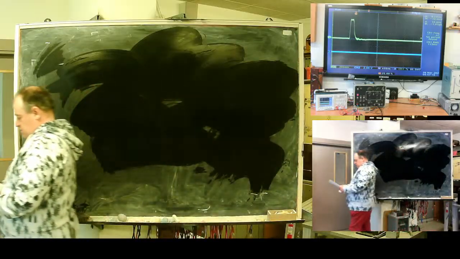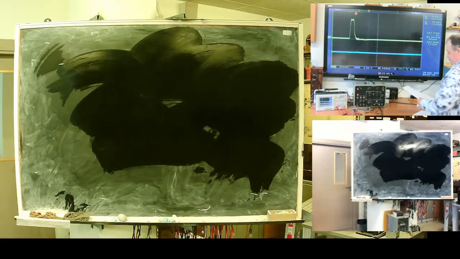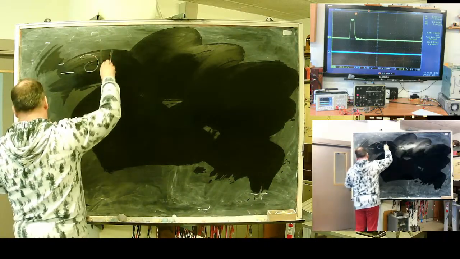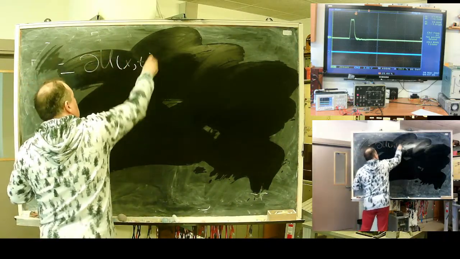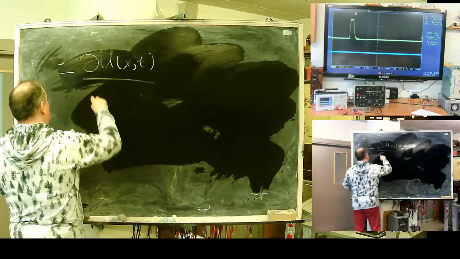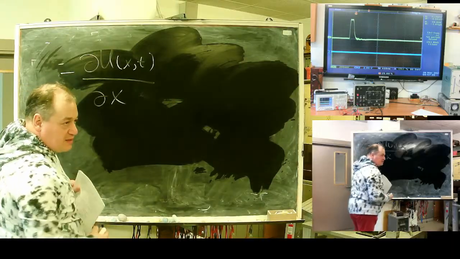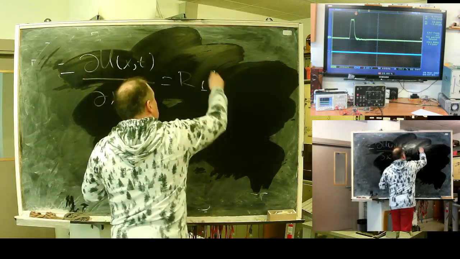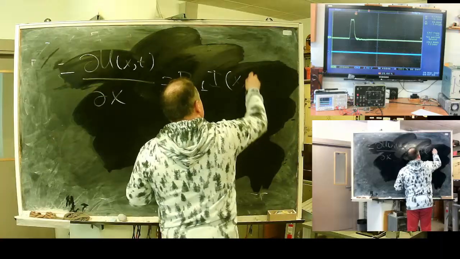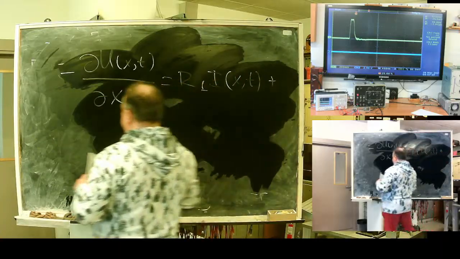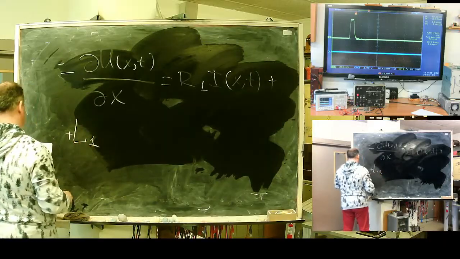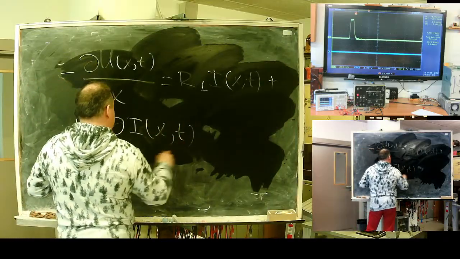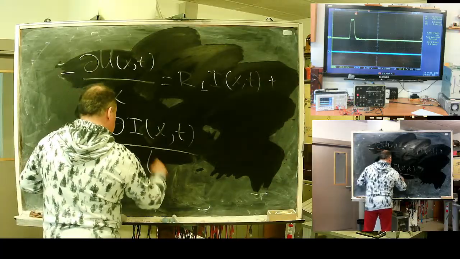The so-called telegraph equation: partial differential of voltage by distance and time, divided by differential by length, distance, equals minus L1 times current as a function of distance and time, plus R1 current, as partial differential from time.